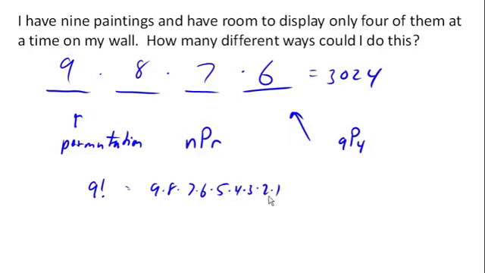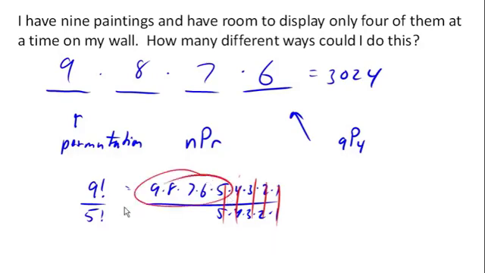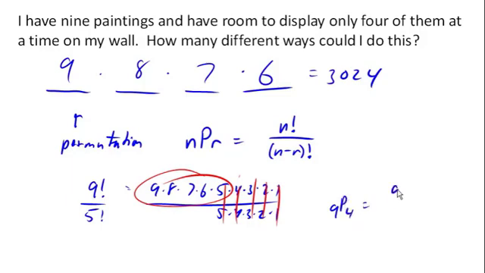So we can get rid of that by dividing by 5 factorial, which will then reduce all of those away, leaving us with just the 9, 8, 7, 6. So if we have nPr, it turns out we can compute that using factorials as n factorial over n minus r factorial. So in this case, when we had 9P4, that would be 9 factorial over 9 minus 4 factorial, or in other words, 9 factorial over 5 factorial, as we just saw here.